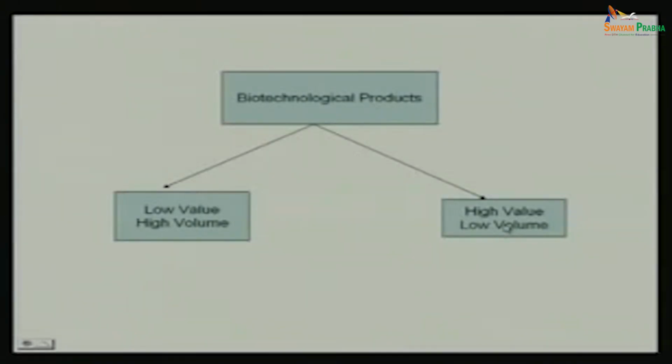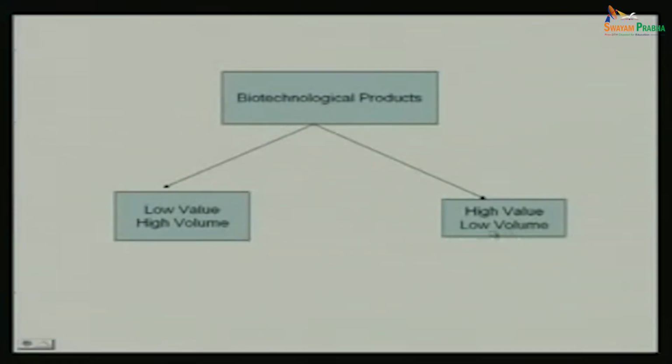If we see another system, which is high value and low volume, in this system it is a very costly product and its volume is in a very small quantity. That means this product is produced in the living cell in a minute quantity, but its value is very high. For example, Taxol.